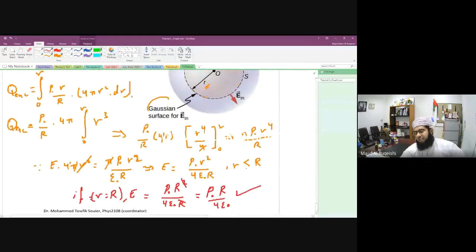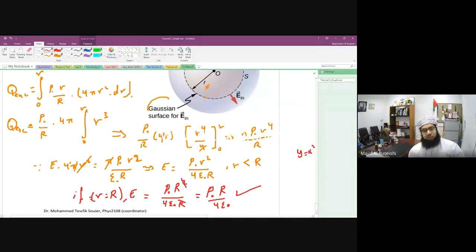When r is less than r capital, you see r is at the top here. So we are increasing r. R capital is constant. Don't look at this r capital. This is changing. So it should be 0, 1, 2, until it reaches r capital. As we increase this one, it's like a relation y equals x squared. If you put x equal to 1, y is equal to 1.